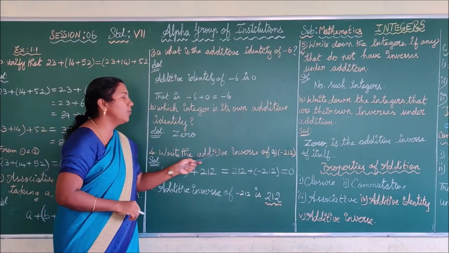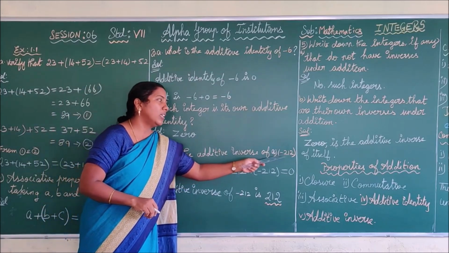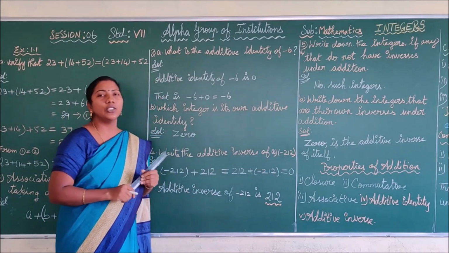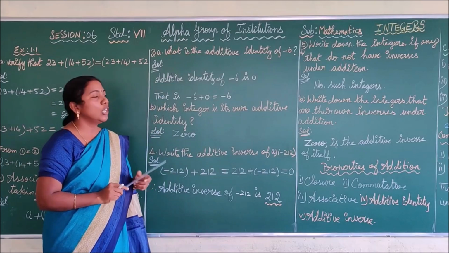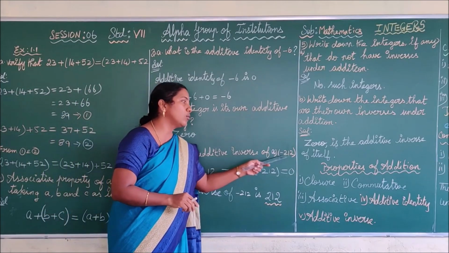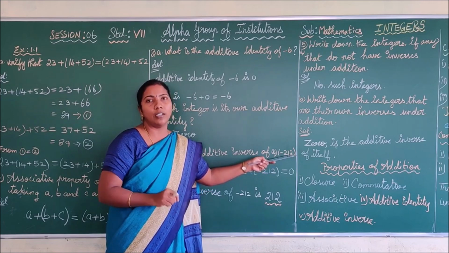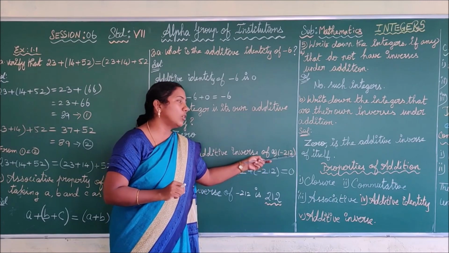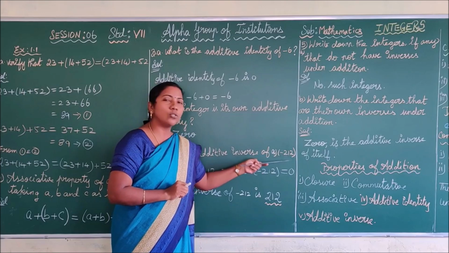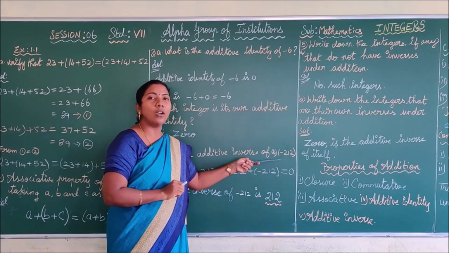Write the additive inverse of minus 212. That is, you have to find one integer. If you add the integer with minus 212, you get the additive identity. What is the additive identity? 0. So what is the number that should be added to minus 212? Yes, positive 212.